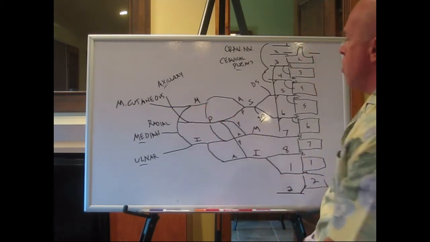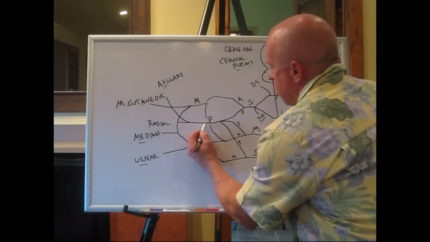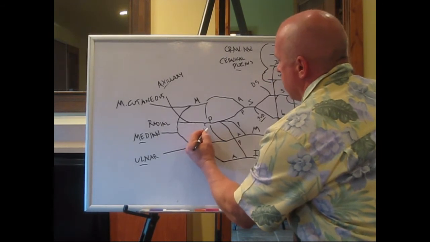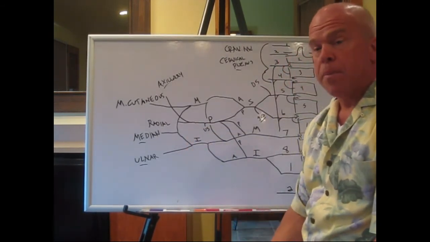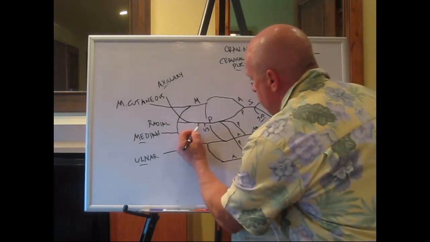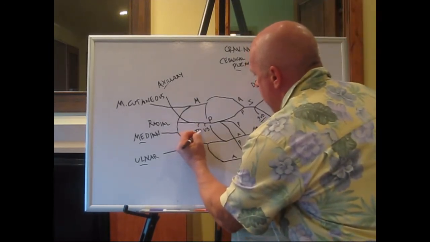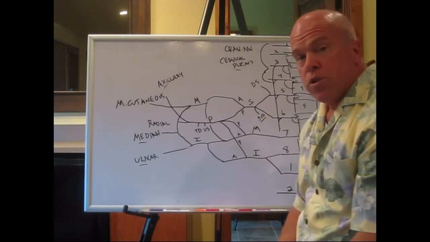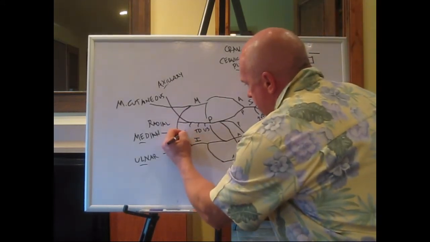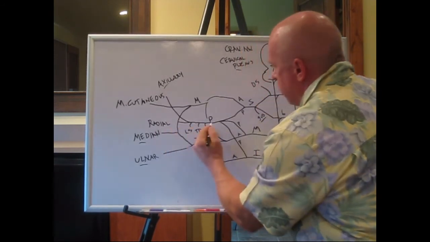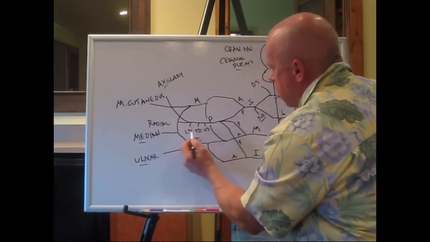In addition to those, off of the posterior cord, we have the upper subscapular nerve, which serves a portion of the subscapularis muscle. We have the thoracodorsal nerve, which is the nerve to the latissimus dorsi. And we have the lower subscapular nerve, all of these coming off the posterior cord.